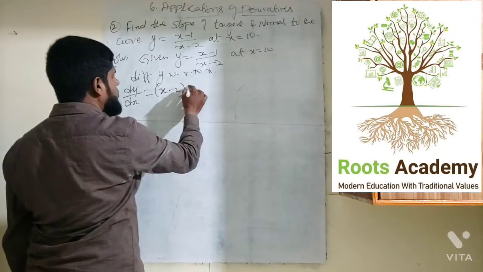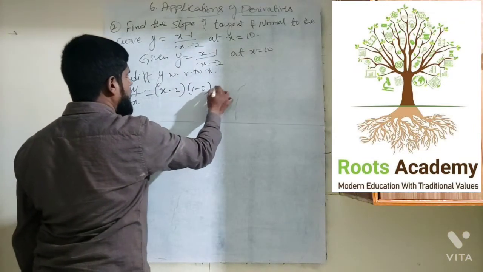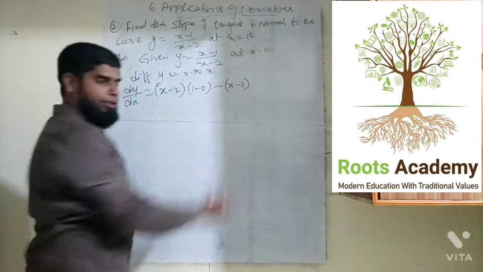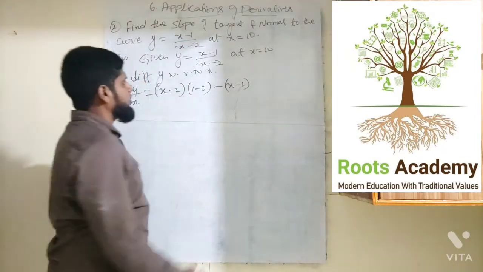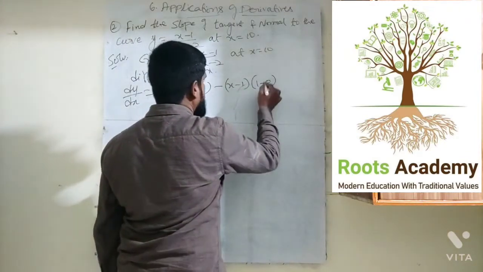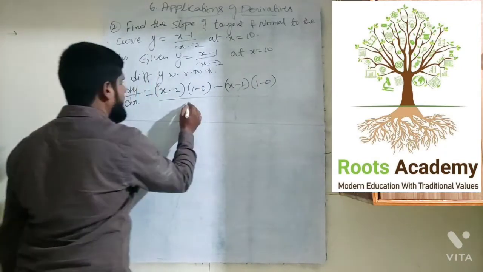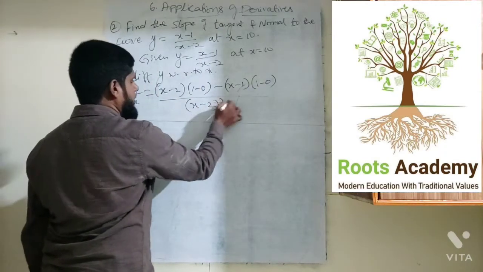Numerator is x minus 1, so its derivative is 1 minus 0, minus numerator into derivative of denominator, it is 1 minus 0, whole divided by square of the denominator.